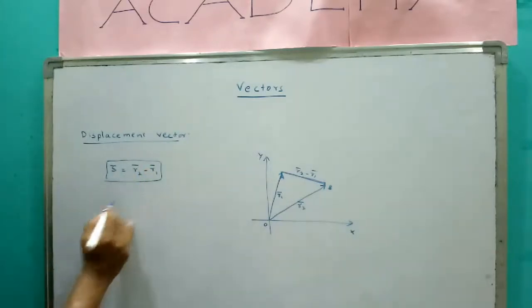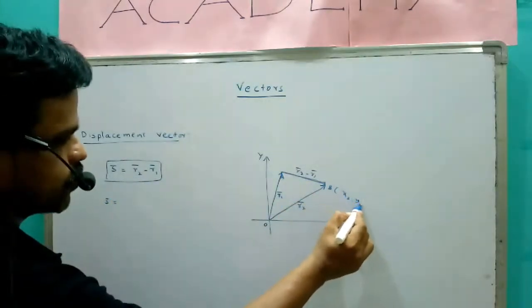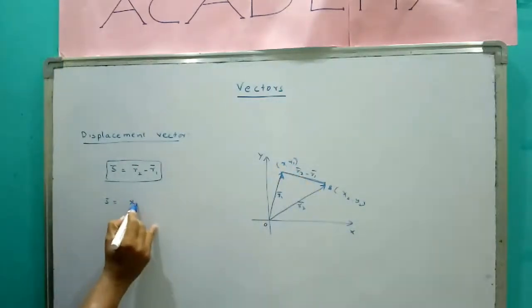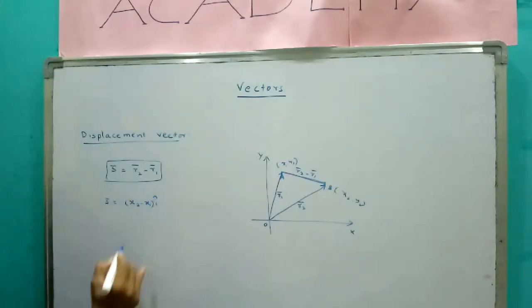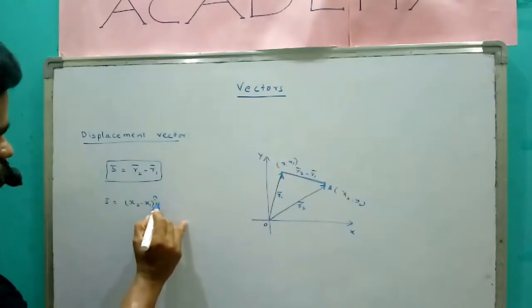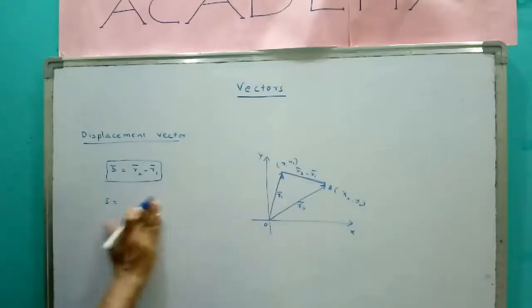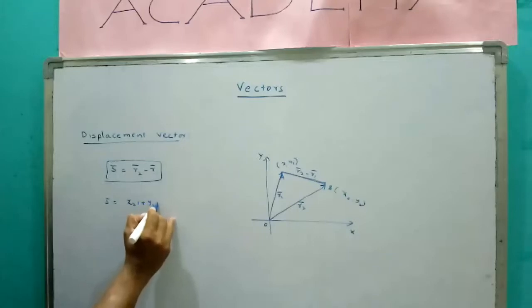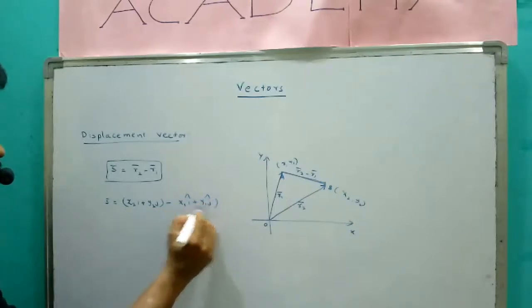If you go for coordinates, if the final point is x2, y2 and the initial is x1, y1, just substitute: R2 is x2 i plus y2 j, and R1 is x1 i plus y1 j.